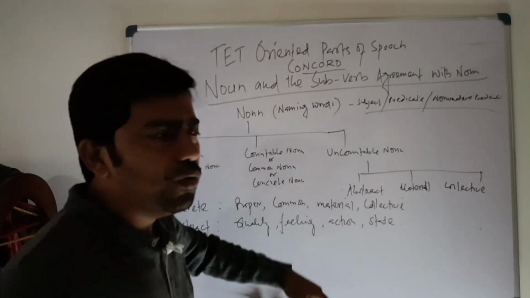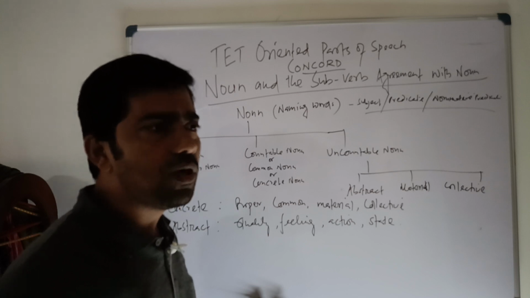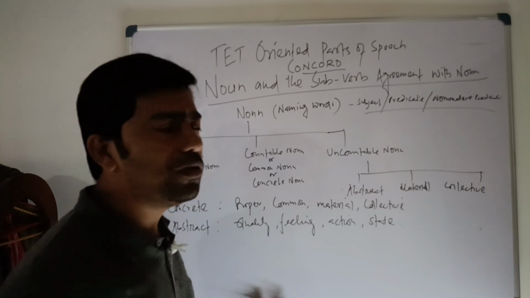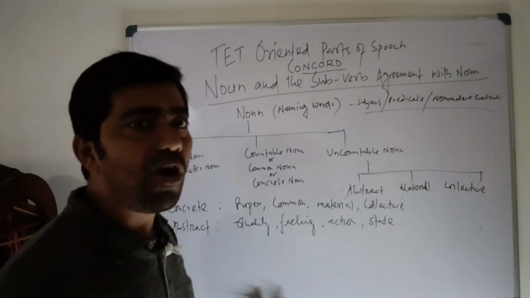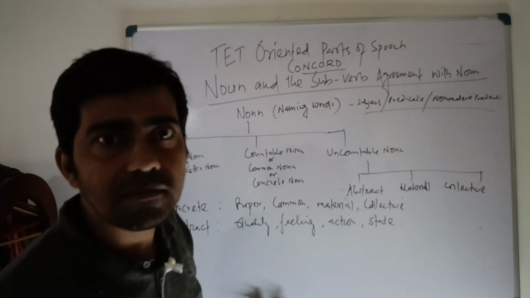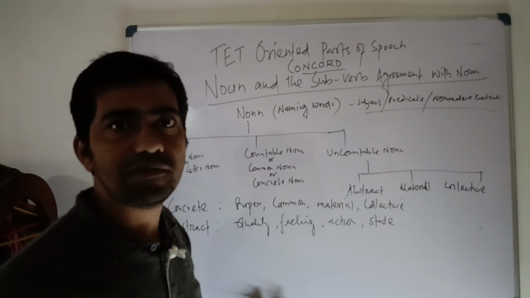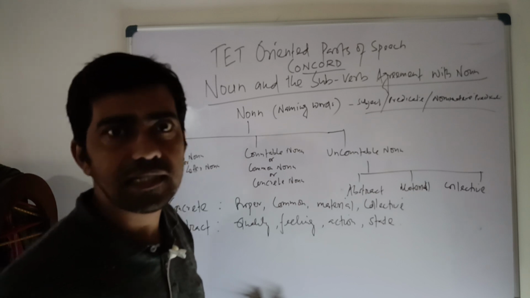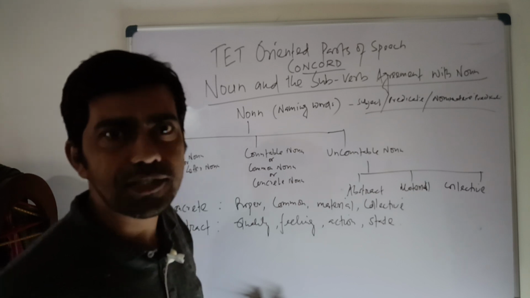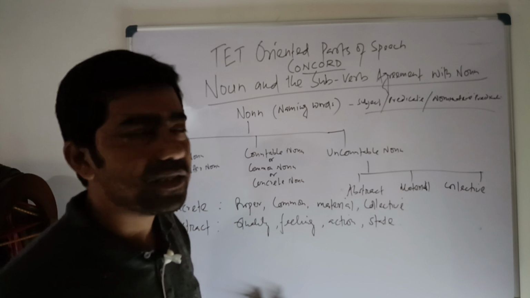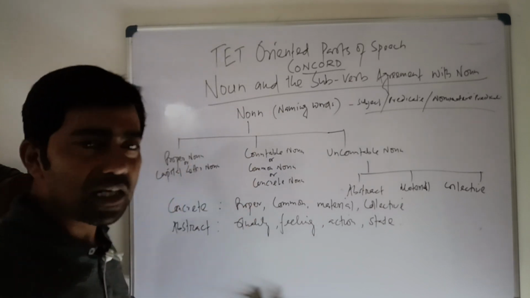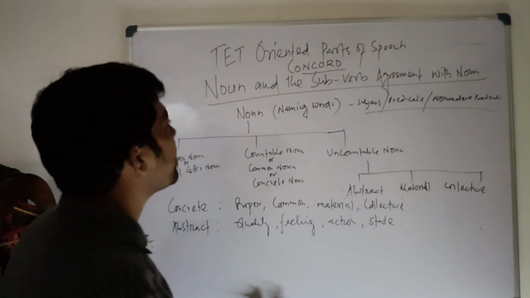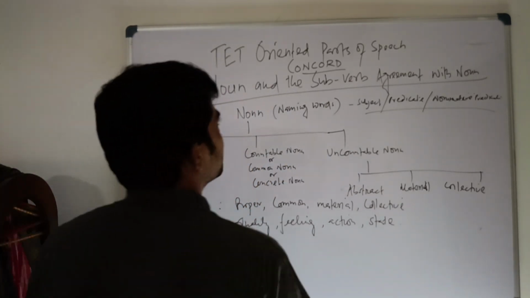So you must know about the subject-verb agreement of all the 8 parts of speech, particularly, section wise, or topic wise. So today's topic is noun. So noun is already classified. Now the subject-verb agreement will be discussed.